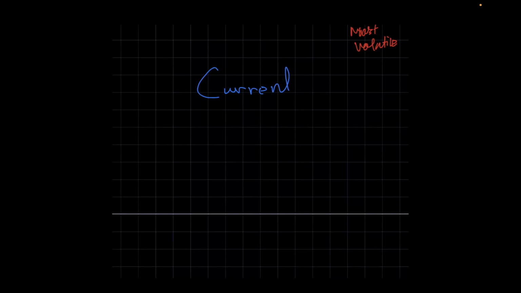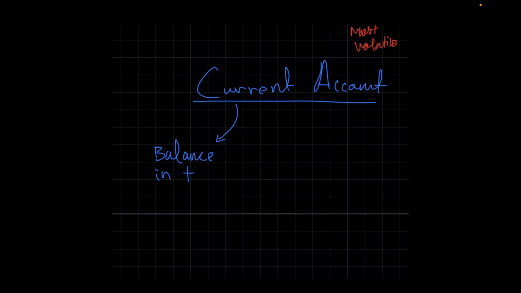We have now gotten a broad overview of what the balance of payments is and how it works. So when we look at the current account, it is split into 4 main things. So you have something called the balance in trade of goods. Then you have your balance in your trade of services.